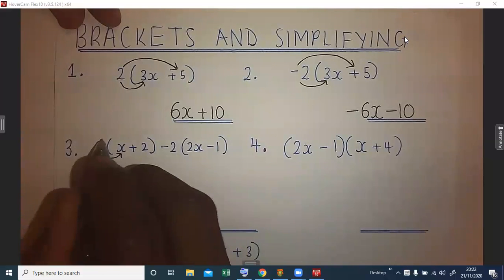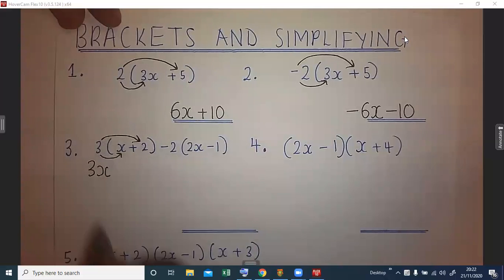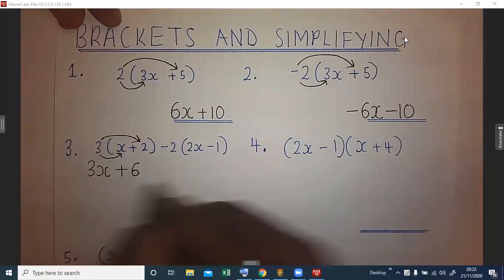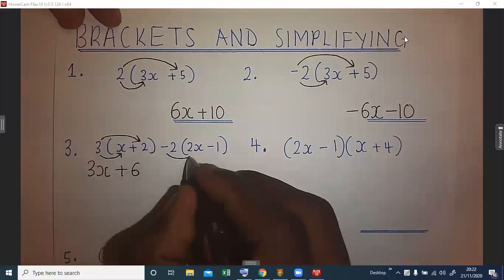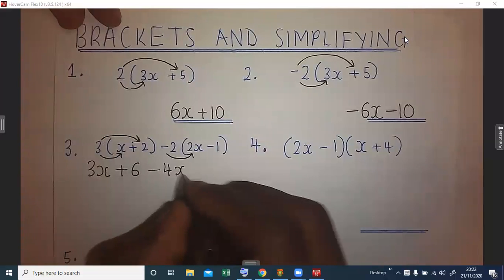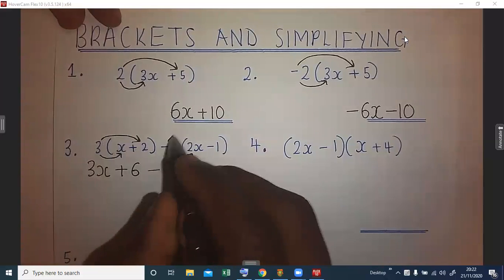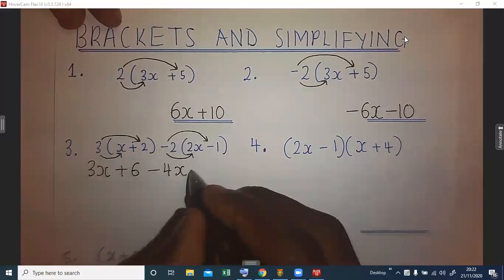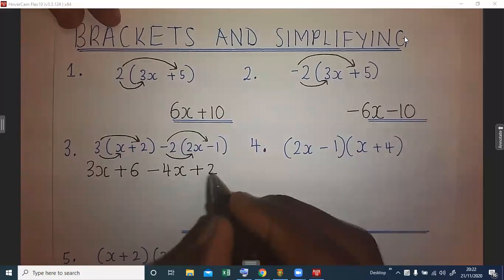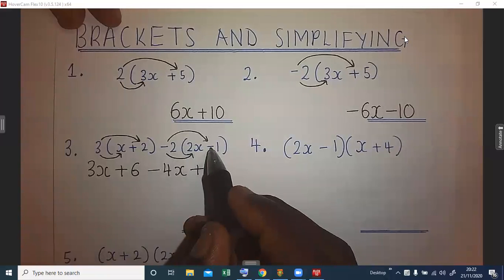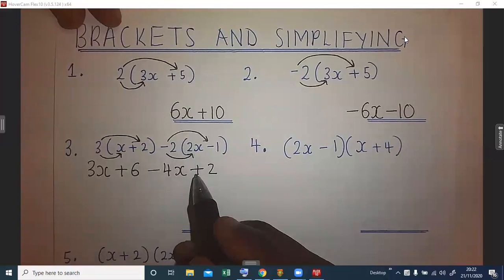Then again, 3 times 2, I'll get 6. -2 times 2, I'll get -4x. And -2 times -1, I'll get +2. Remember, minus multiplied by minus, we will get positive.